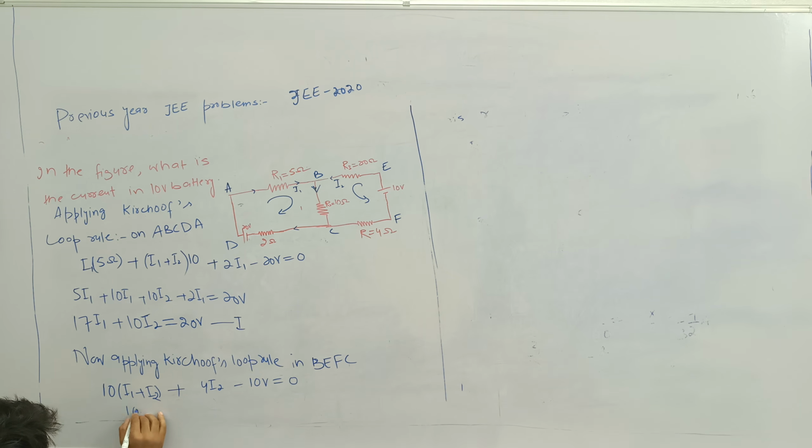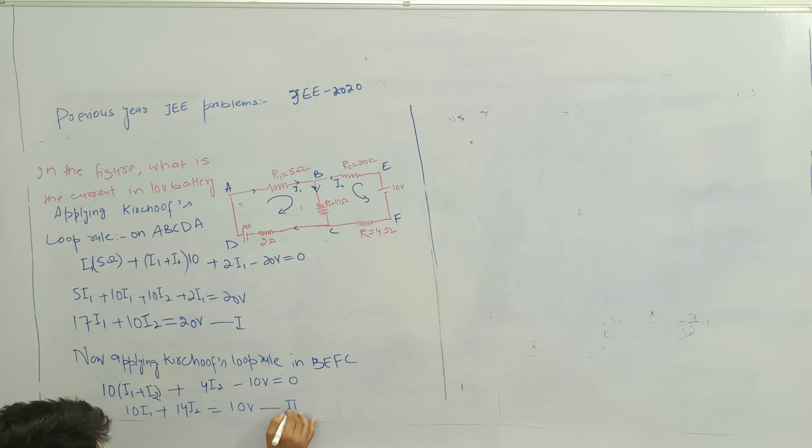That is 10I1 plus 14I2 is equal to 10 volt. So that is another equation.